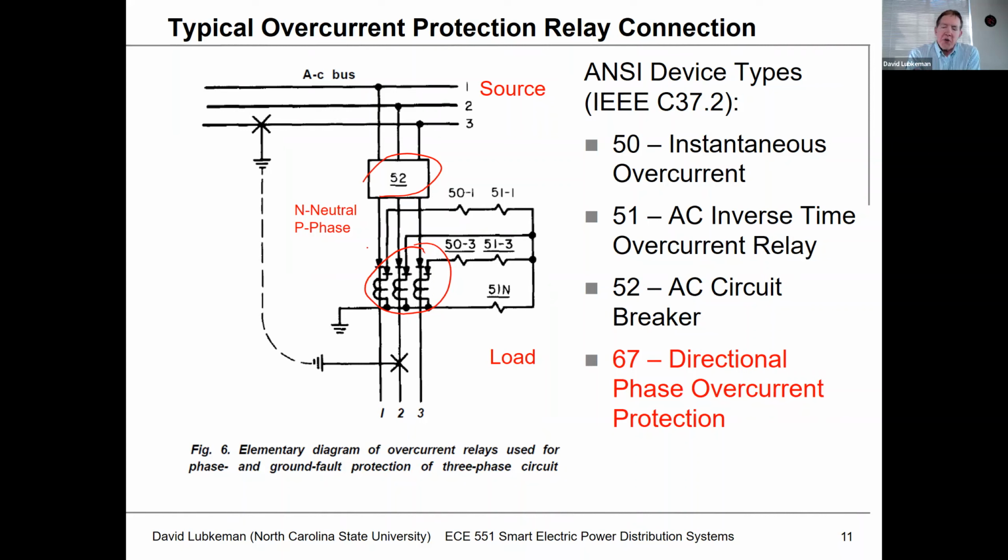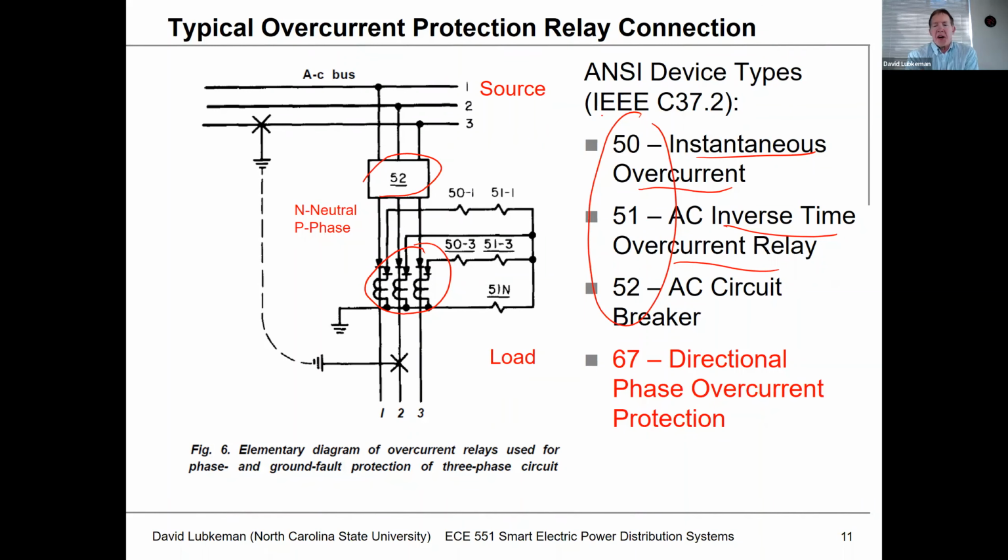And then if you want to use overcurrent protection, what you would enable in your relay is what's called the instantaneous overcurrent 50 and the AC inverse time overcurrent 51 functions. And so these are ANSI code numbers that correspond to different protection functions.